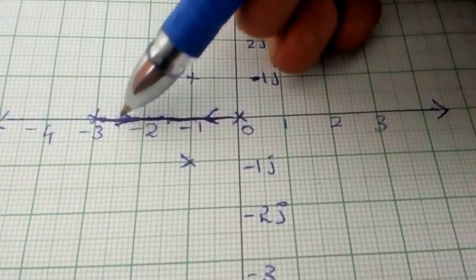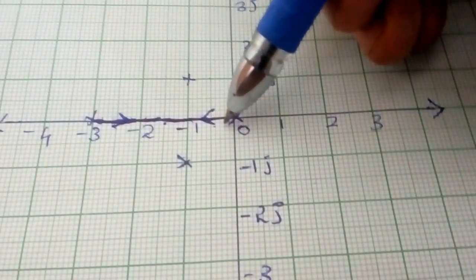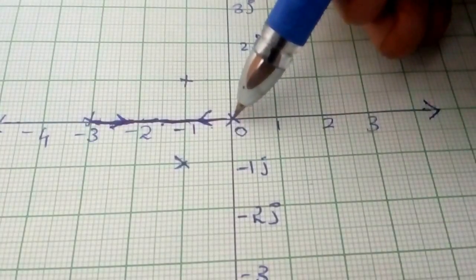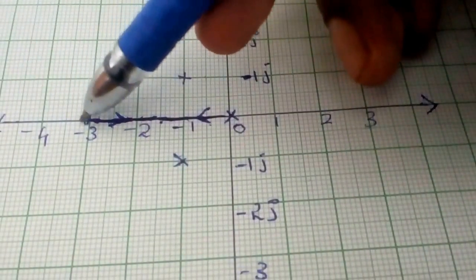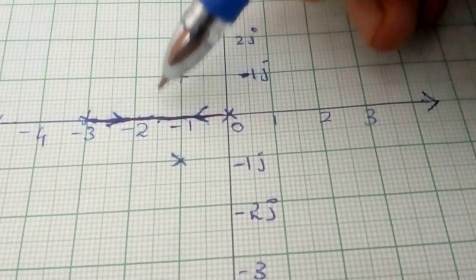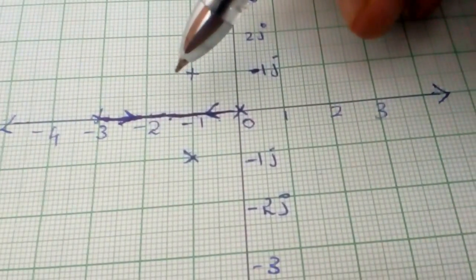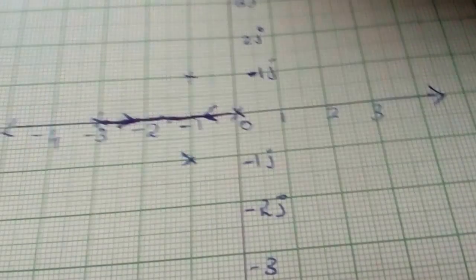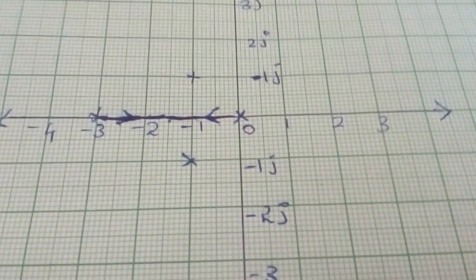The same thing happens here: the pole movement from here is to the left, and here the pole movement is to the right. So at a point they will surely collide and break away from the negative real axis, and that point is known as the breakaway point in the root locus method.